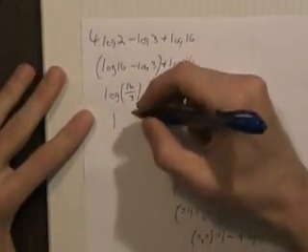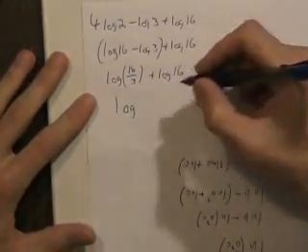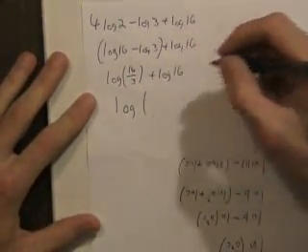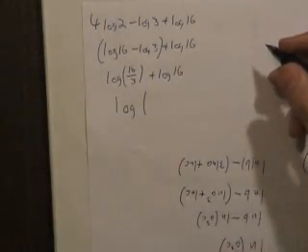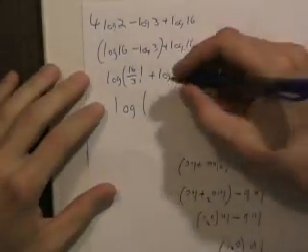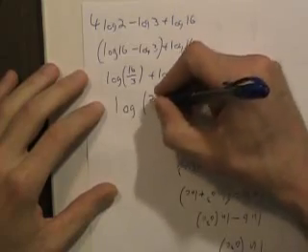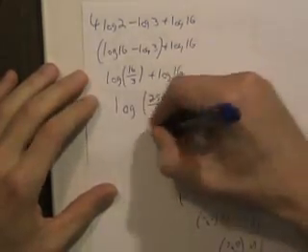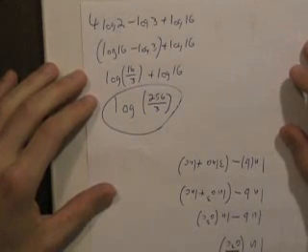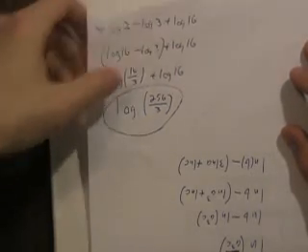So the final answer for that one is log of 16 times 16, that's 2 to the 8th, that's 256, divided by 3. That's as good as that's going to get. Alright, so that's number 13.